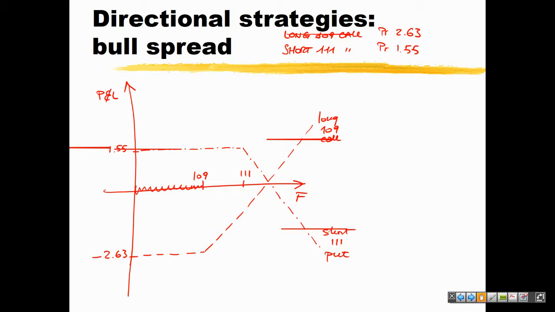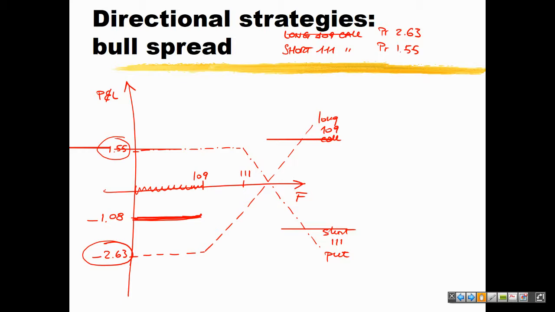And the loss that I face is precisely the difference between the two premia. So what I lose is minus 1.08, which is the difference between minus 2.63 and plus 1.55. Is this clear? And this is what happens until I am at a price of 109.